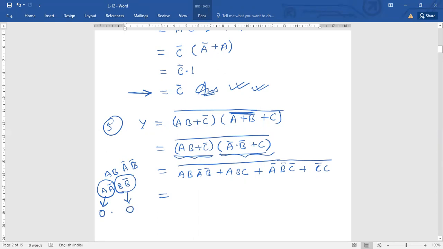Okay, 1 नहीं आएगा, 0 आएगा. आप वैल्यूज पुट करके देखिए, A का एक बार 0 रखिए, फिर एक बार 1 रखिए. In both the cases you will get 0. ओके, सो इतना जो टर्म है, the value of this will become 0.